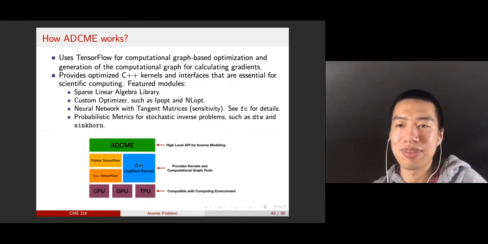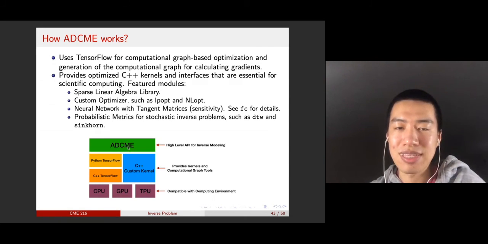If you want to carry out a numerical computation, just do that in Julia. You will get the best performance, and the performance usually outperforms many other languages. That is why we want the interface in Julia, but you also want to have access to the TensorFlow automatic differentiation utilities. So this is the architecture for ADCME.